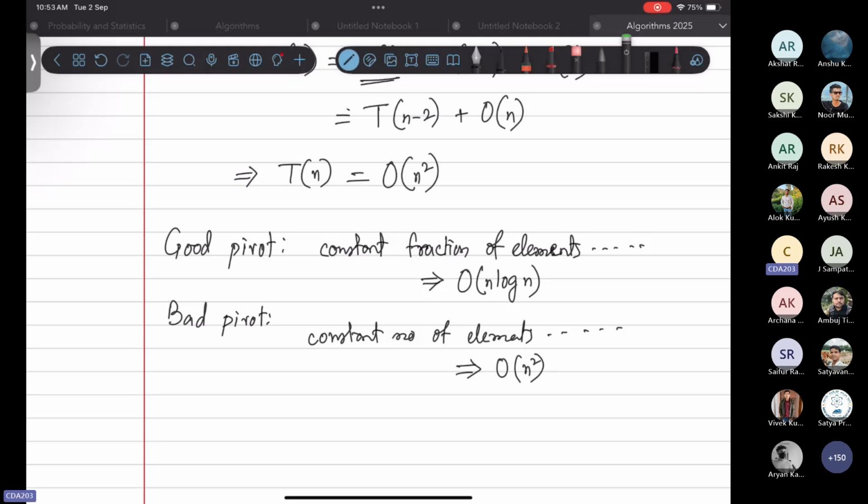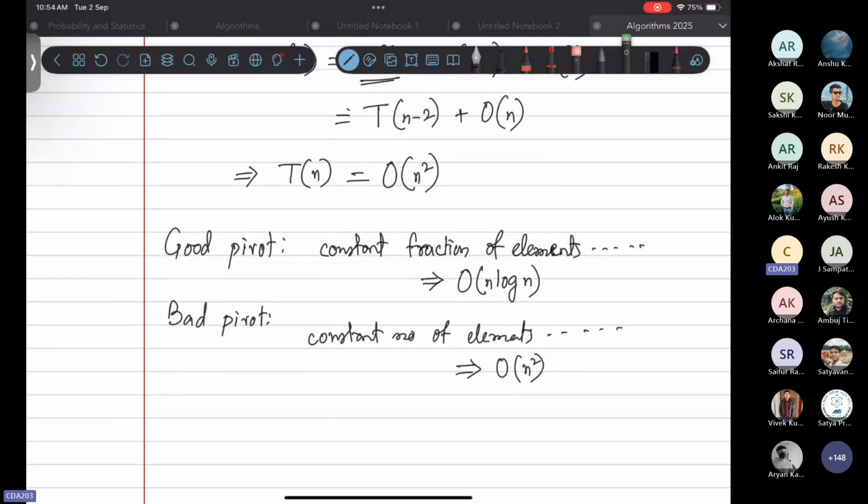Can you give an example? If I select the first element every time, it's going to give me n squared time. Okay, that's a good question. I think you should try and think about it.